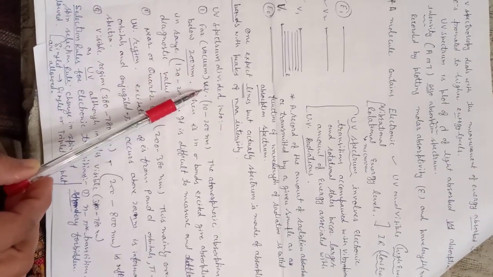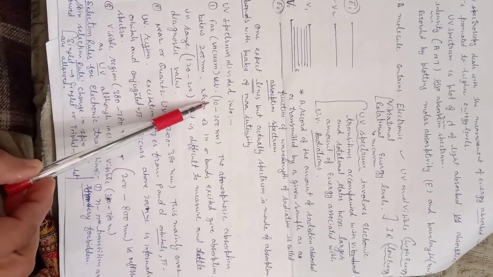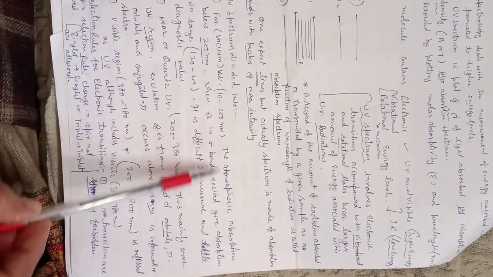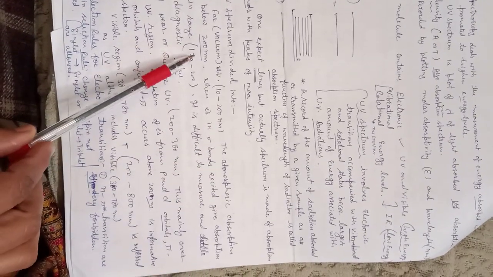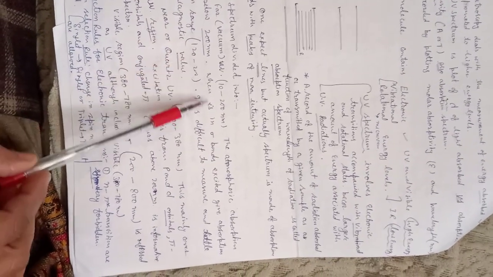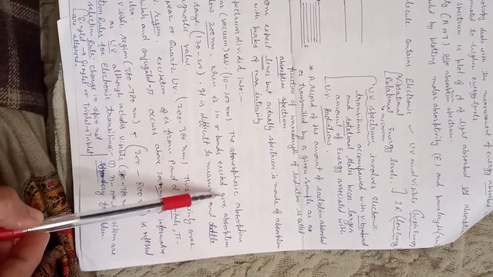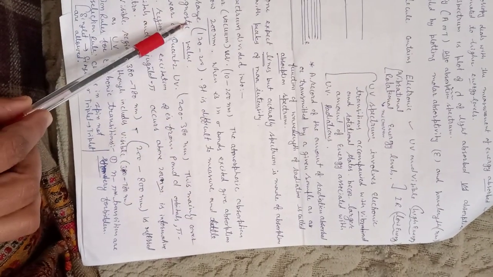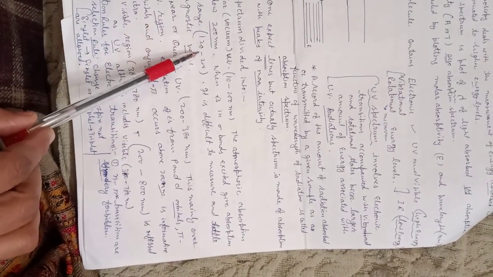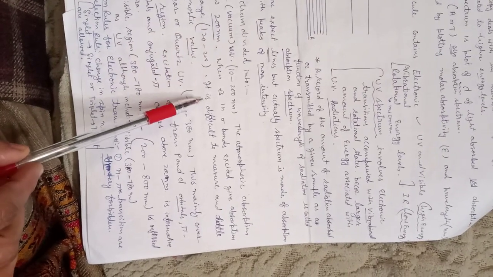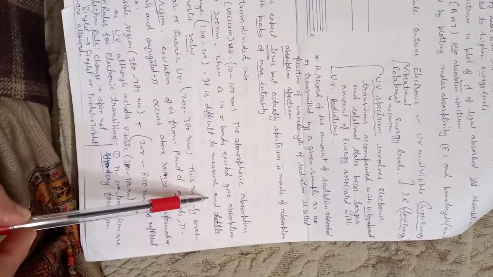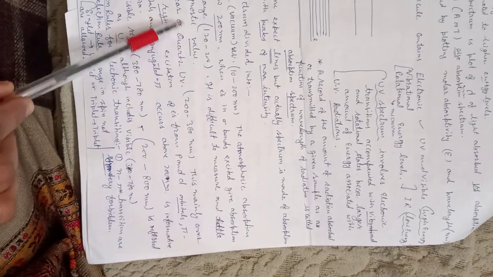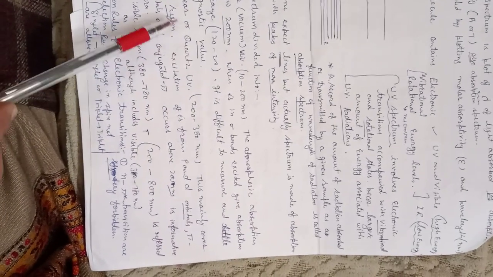The far or vacuum UV region includes 10 to 200 nanometers. There is atmospheric absorption below 200 nanometers. When electrons in sigma bonds are excited, they give absorption in the range 120 to 200 nanometers. It is difficult to measure and of little diagnostic value.